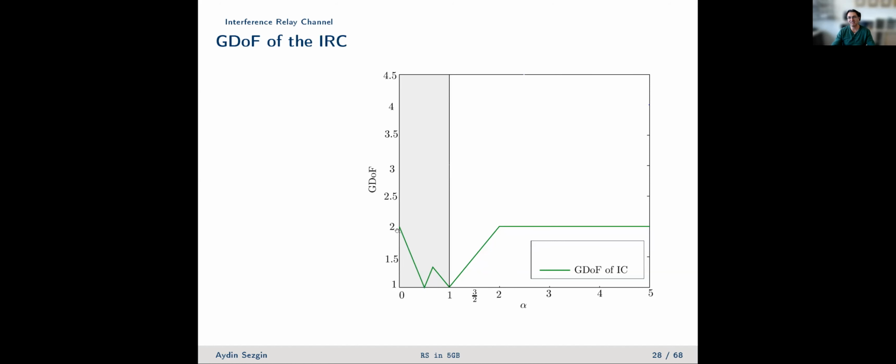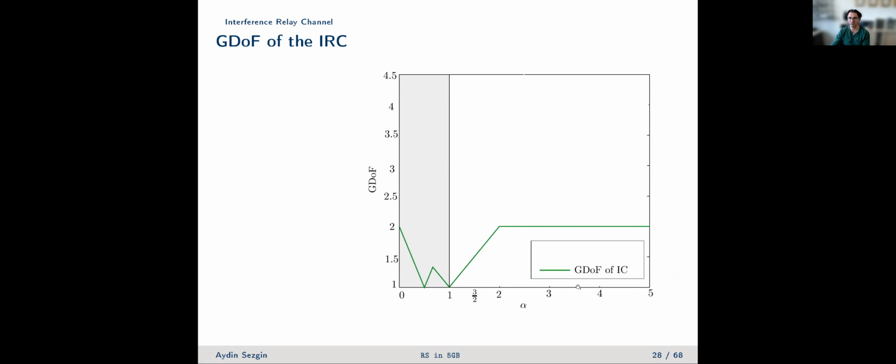So what we see is that the generalized degrees of freedom decreases first as alpha increases, and from a certain point on it increases again, decreases again, and then increases and then stays constant. The main reason why it improves here again is because of rate splitting. So this is applied here as well.